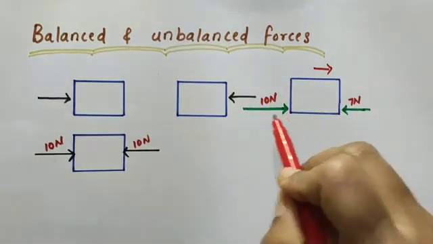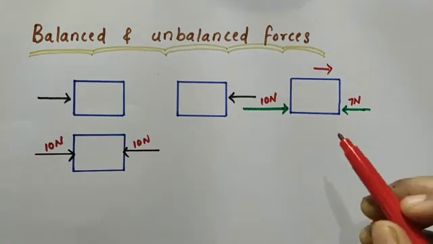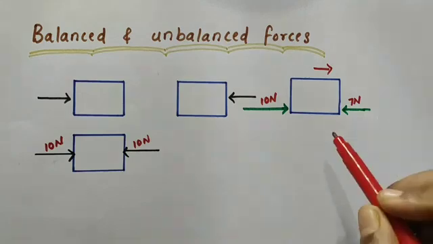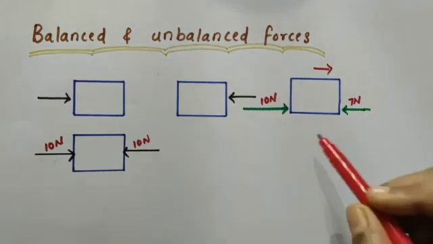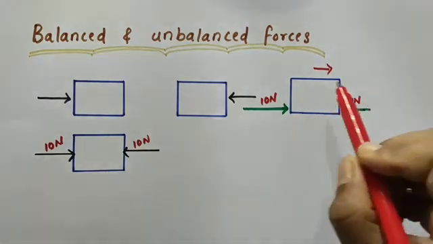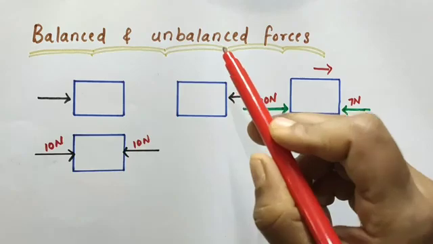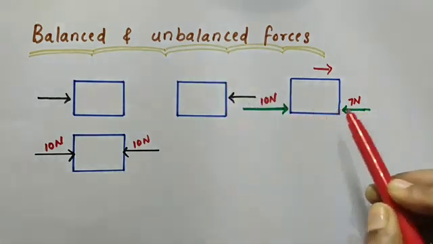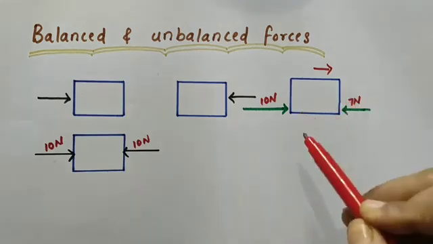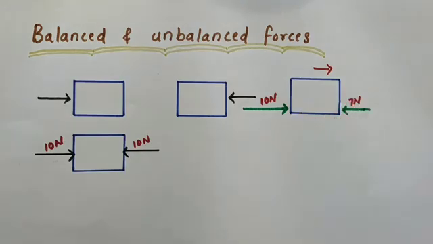Here the two forces are not balanced, or we can say that an unbalanced force acts on this box in the direction the box moves. The unbalanced force acting on an object brings the object in motion. So, the forces that cause a change in the motion of an object are unbalanced forces.